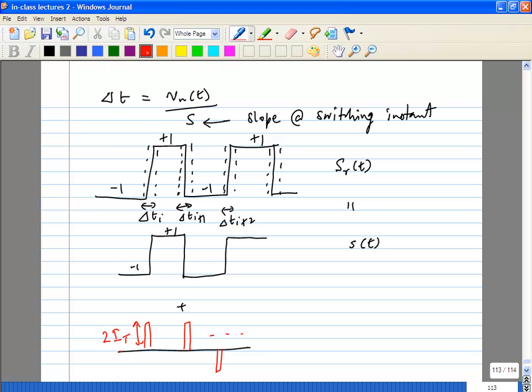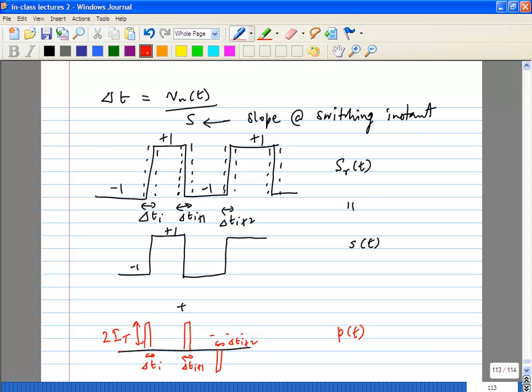That is the change in current, right? And of course the width of the pulse is going to be delta Ti. So we'll call this the pulse train P of t.